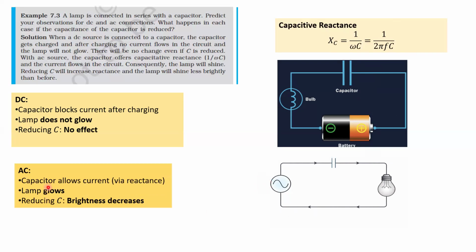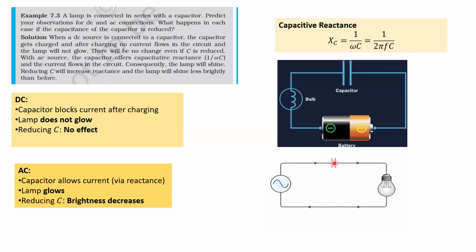Capacitor allows current via reactance. Means even though it is having some amount of reactance, current can flow, the bulb will glow. Now, if you reduce C, what happens? If you are reducing C, 1 by C value reduces, Xc value increases. Xc value increases means opposition increases.